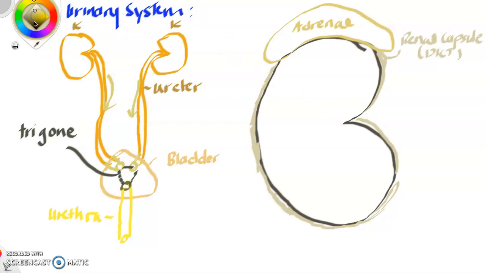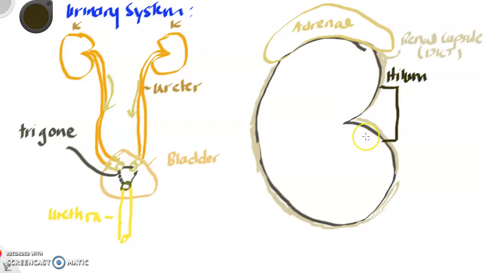This area here, this little indentation into the kidney, this thing is called the hilum. And you should know basically what the hilum is, or have seen the hilum before because there's one in the lung.